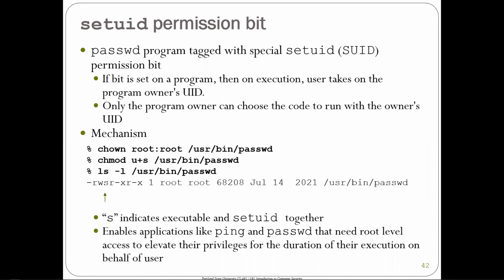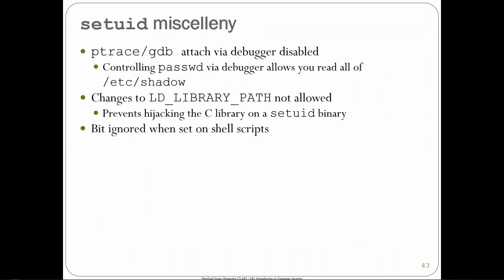So how can you tamper with this? It turns out there's a whole bunch of different ways you can attack this thing, and they had to incrementally shut all these things down. Like say I run the passwd program, and then I try to do a GDB attach, like a debugger attach. I think in the malware class, this is one of the things that you would do: attach to a program that's running to try and dump all of its memory. How do I prevent that, right?